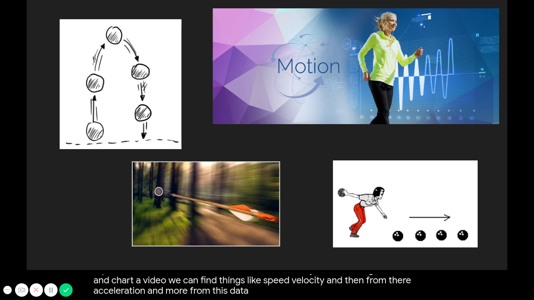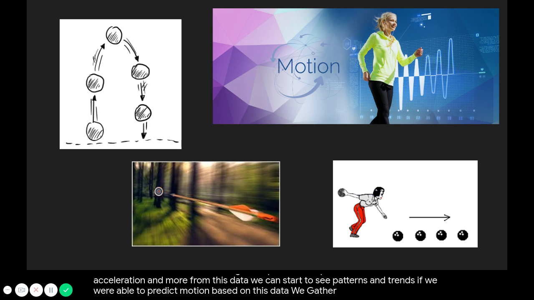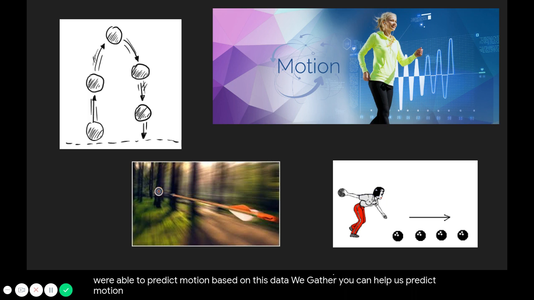From this data, we can start to see patterns and trends. If we are able to predict motion based on this data we gather, it can help us predict motion or hypothesize motion experiments.